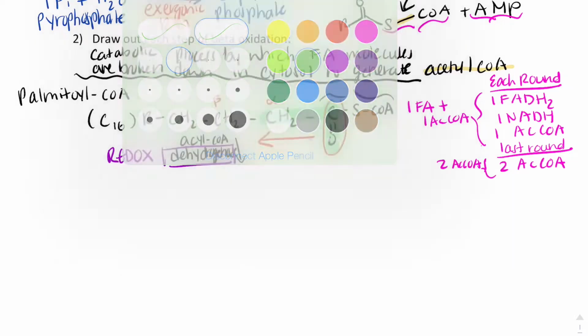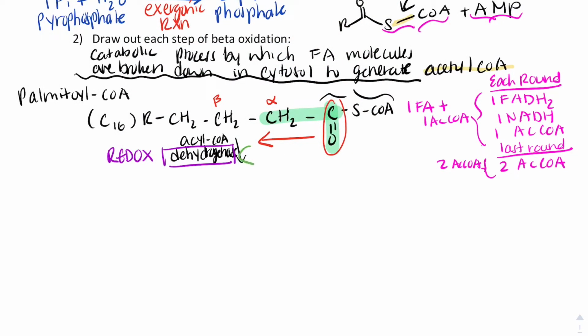So it means that something's going to get reduced, something's going to get oxidized. In this case, FAD is getting reduced to FADH2. As we looked at the product of each beta oxidation, this is where we produce our FADH2. As this is getting reduced, our chain of fatty acid is getting oxidized.